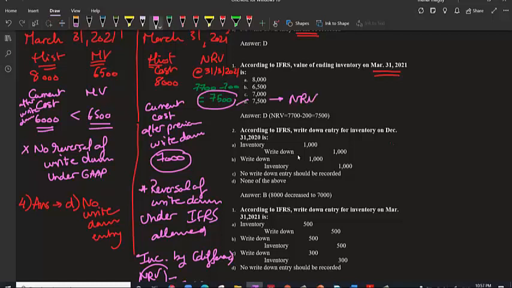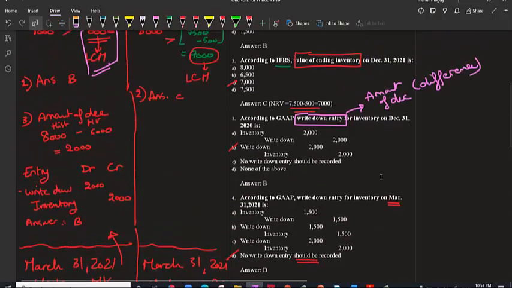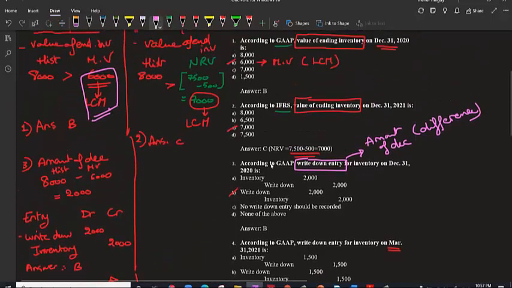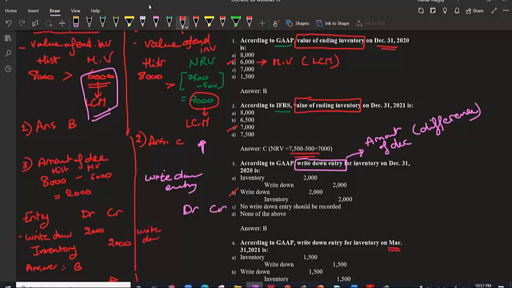While under IFRS, the write down entry at December 31, he's referring to December 31, that is the one. So the write down entry, credit, it decreased by how much?